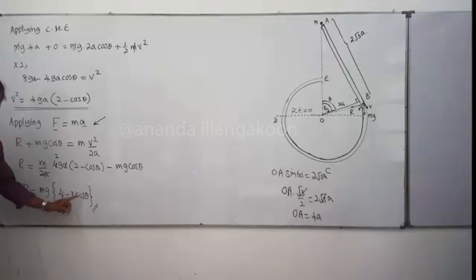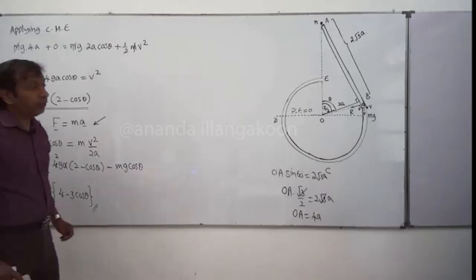On that occasion, 3 cos theta equals 3. 4 minus 3 is 1. That means when we subtract the maximum possible value from this 4, it is still positive. That means this R is positive for all values of theta.